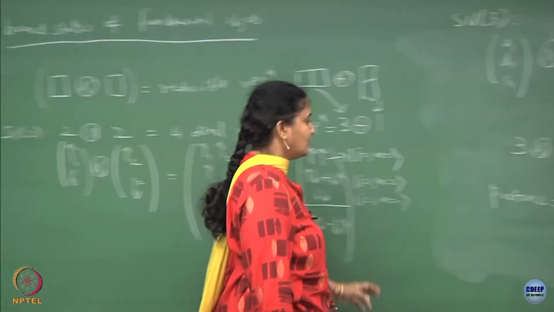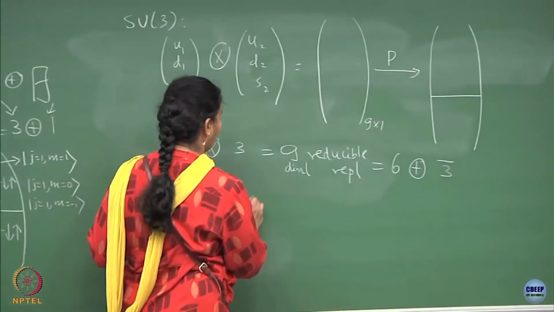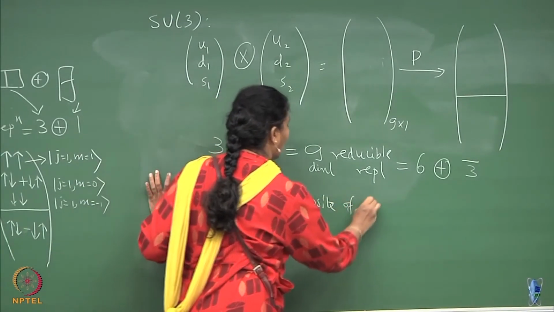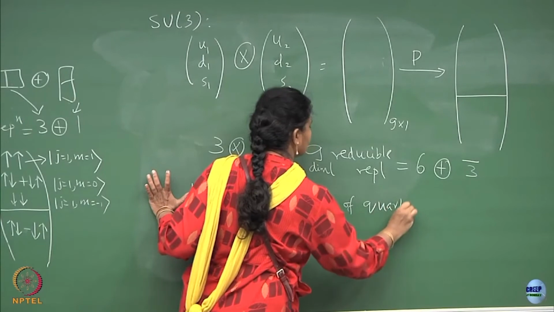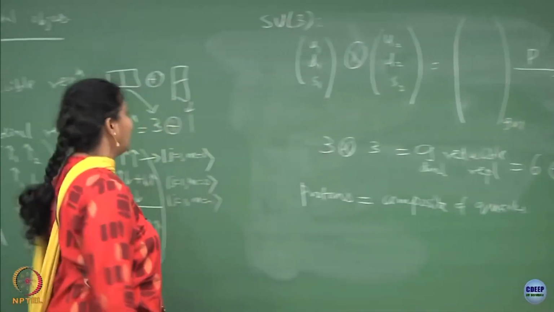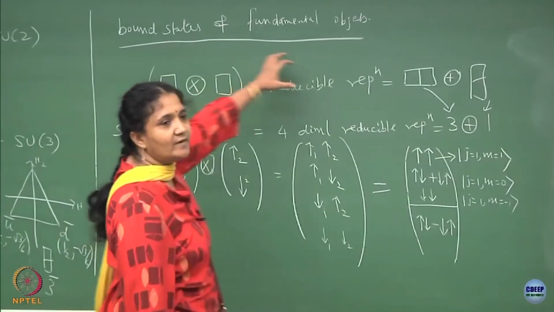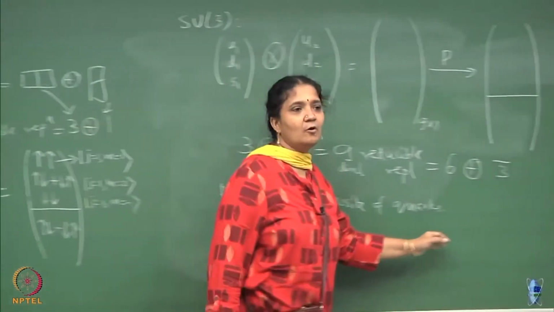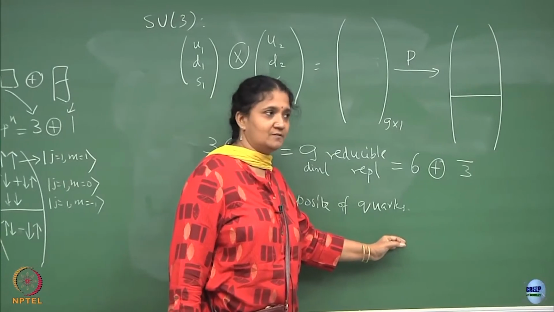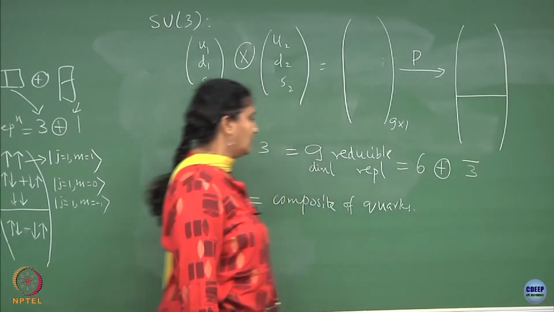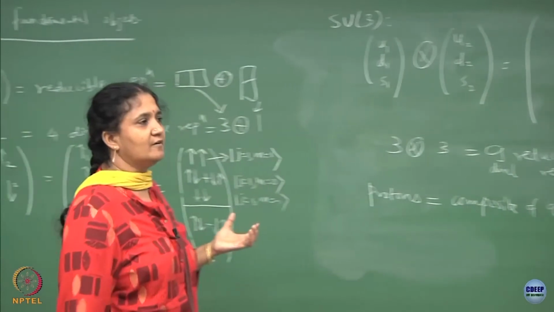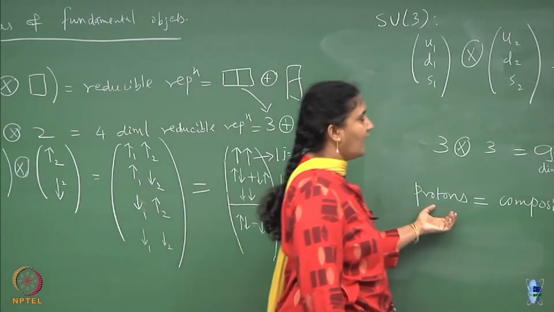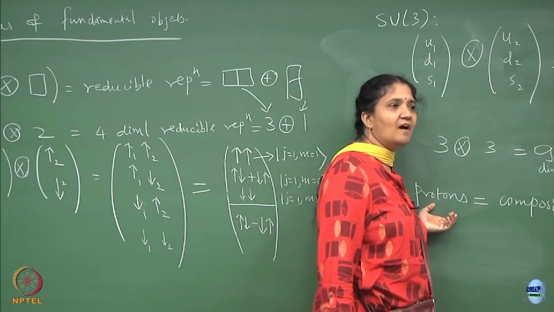So, protons turn out to be not elementary, but a composite of quarks. Just like I talked about bound states of fundamental objects, this is going to be a bound state of some number of quarks. How many is not in our hand. What you know is that protons have been shown to be spin half particles.